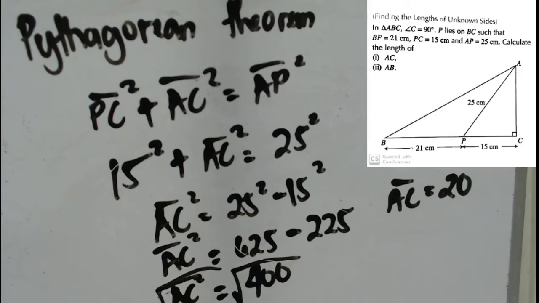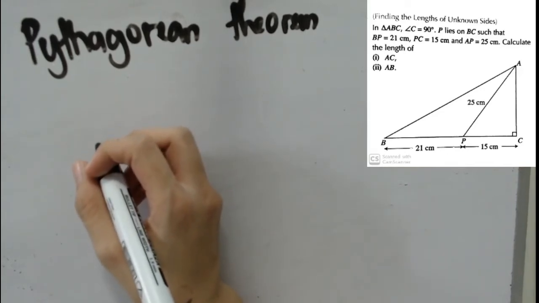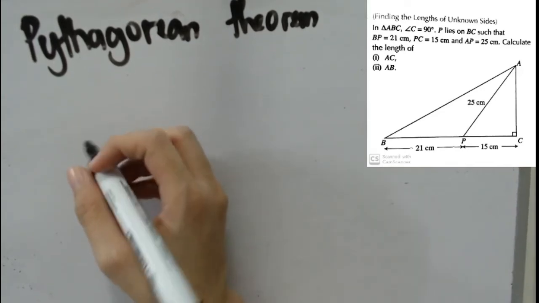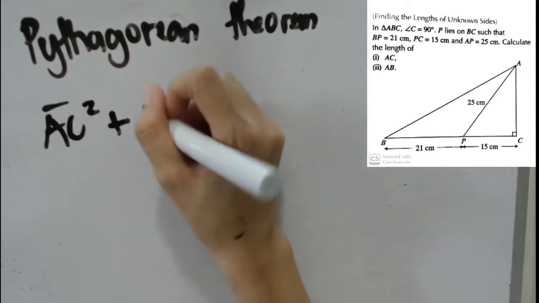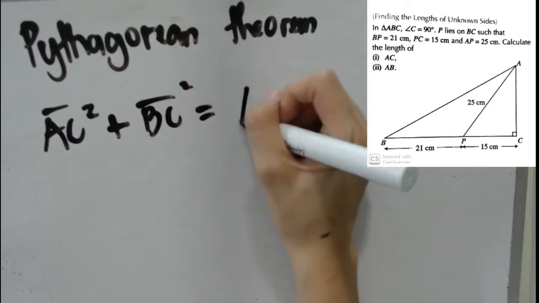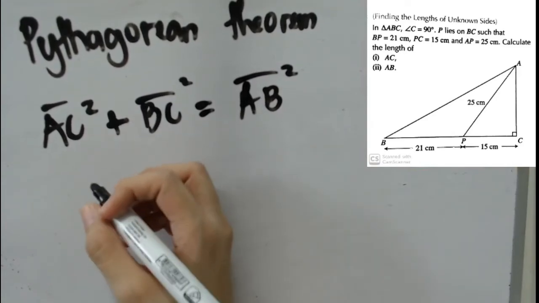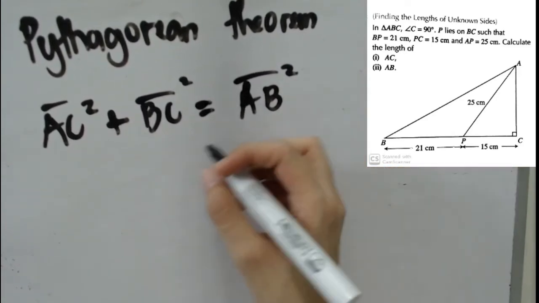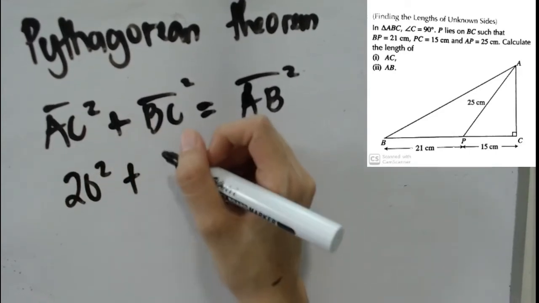Now, let's proceed to find the measure of AB. According to the earlier result, AC is 20. To find the hypotenuse, AC squared plus BC squared is equal to the hypotenuse AB squared, which is missing. AC is 20, and we need to square it, plus BC.